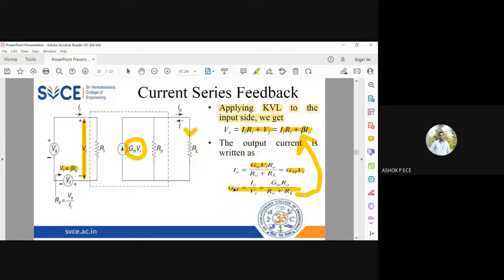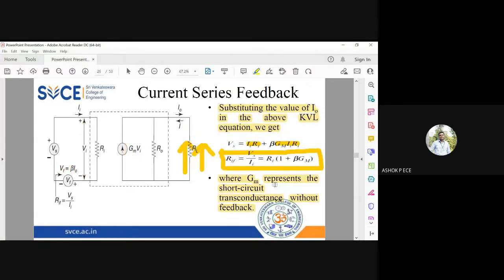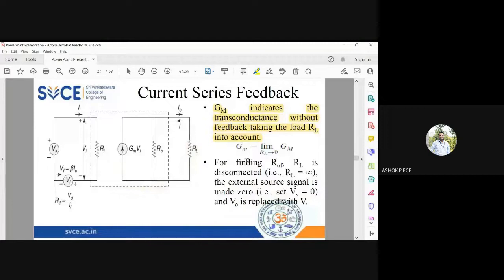So in the capital GM expression, if you put RL equal to 0, you will get back small gm. So small gm is always the transconductance without feedback, without load. It is the transconductance of your amplifier alone. That is why inside the dotted line we use small gm. Outside this dotted line we use capital GM, because capital GM will consider the effect of load resistance RL also.